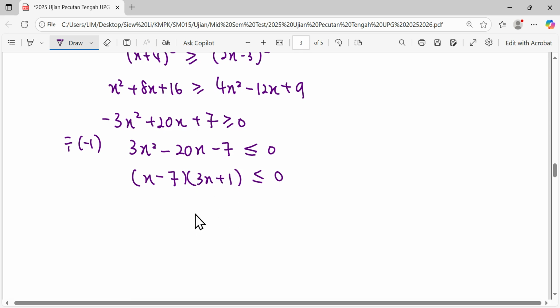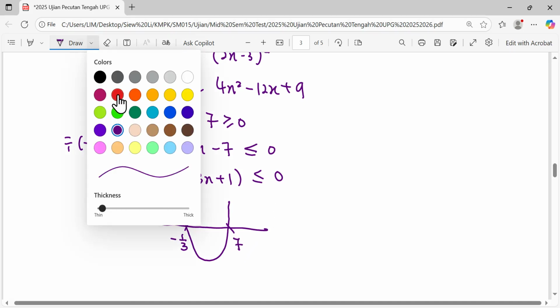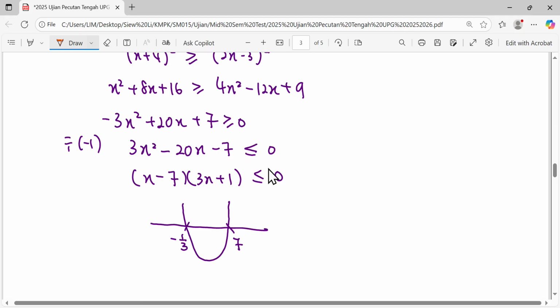For solving quadratic inequalities, we can use the graphical method. So left hand side value negative 1 over 3, the smaller value at left hand side, bigger value at right hand side. And we have smaller than 0, which means you are finding the region under the x-axis, which is a region of negative.